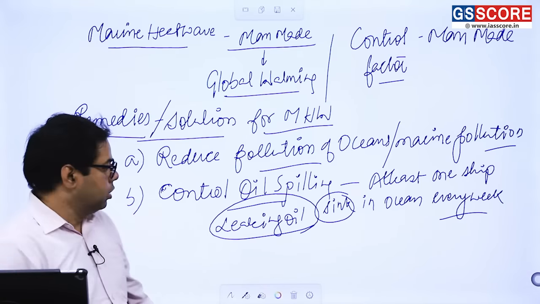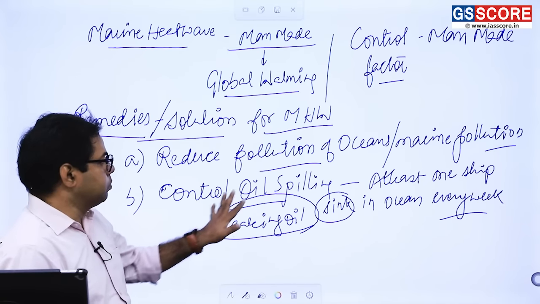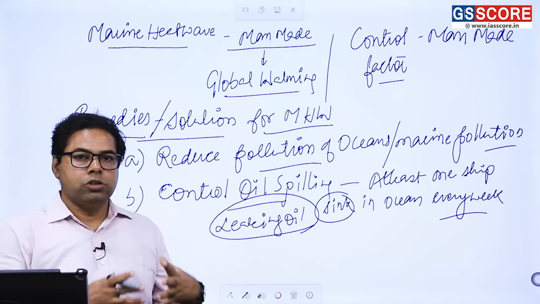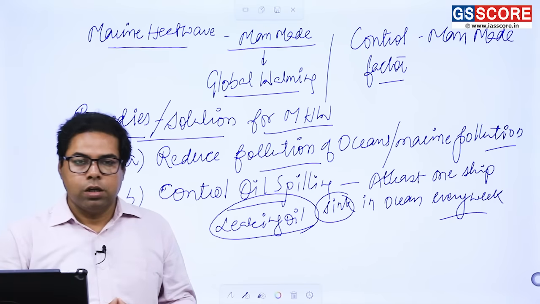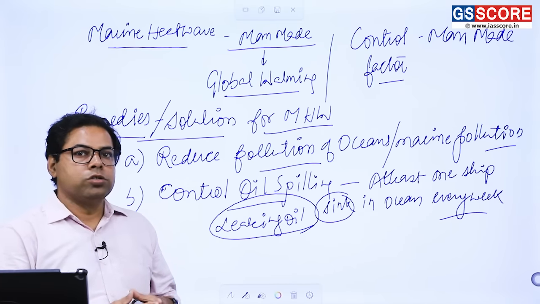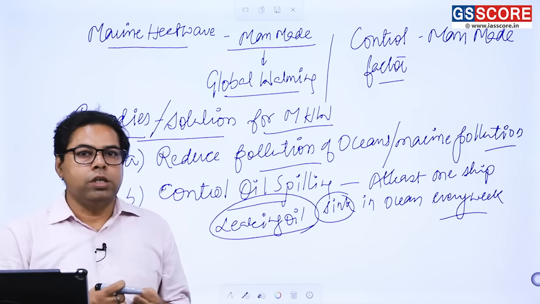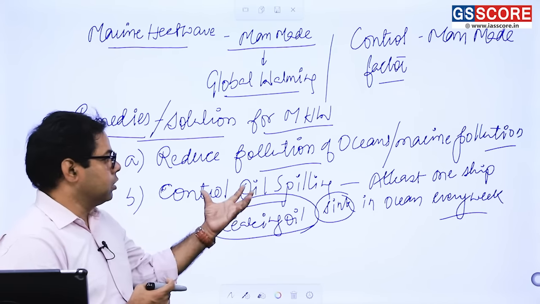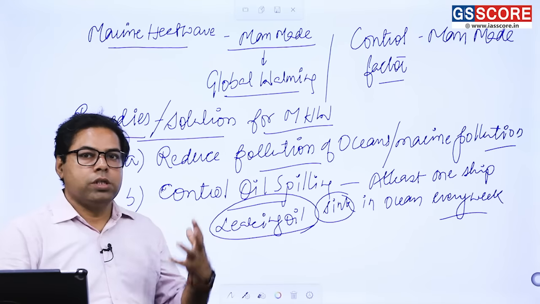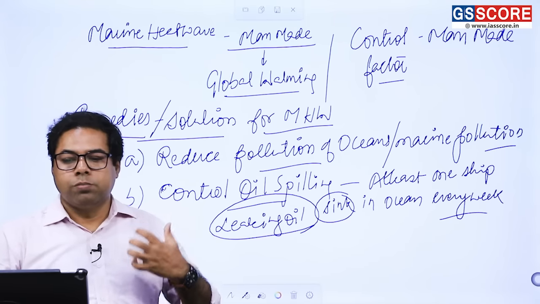So this oil spilling is responsible for changing the chemical composition of the ocean water, and also it absorbs more heat. Chemicals are mixed in the oil, so they have the capacity to absorb more heat.